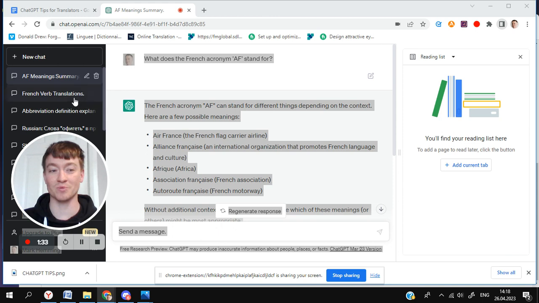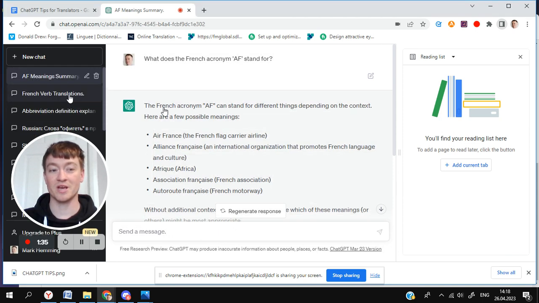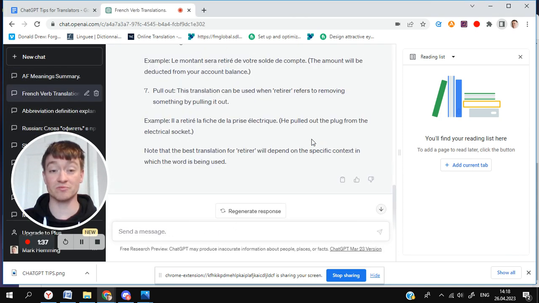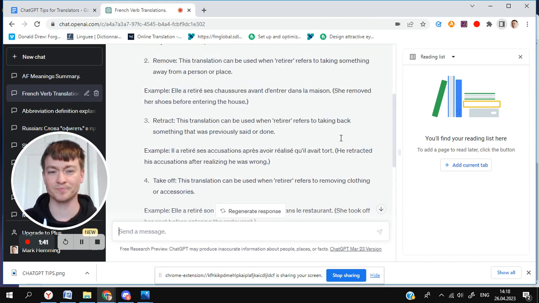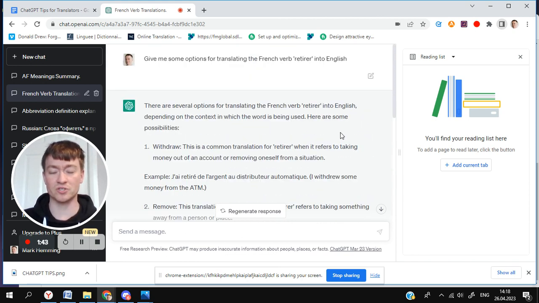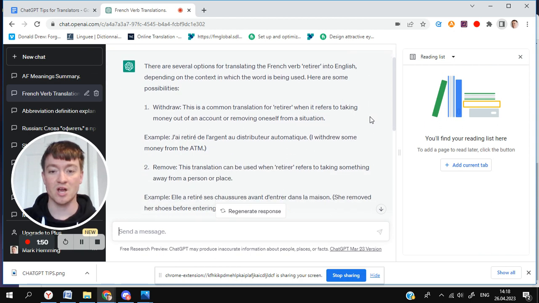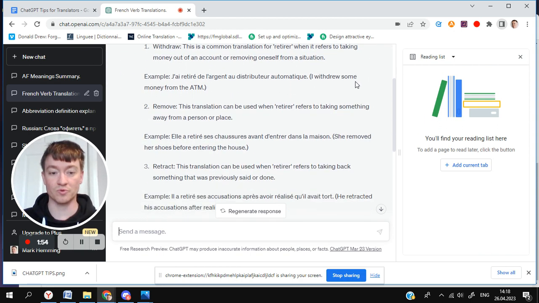So the second thing we're going to take a look at is standard dictionary work. You can use ChatGPT essentially to replace a dictionary. I've asked it in this case for the French verb retirer, which has a lot of different possible translations into English, and look at how many options it actually gives me. We've got withdraw, remove.